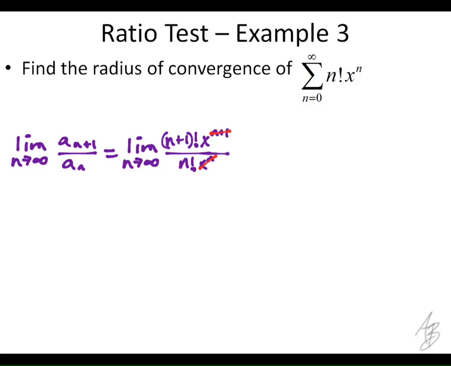The x to the n is going to cancel with n x's in the top, and the n factorial and the n plus 1 factorial are going to cancel out, and we're just going to be left with n plus 1. So just to make things a little clearer, I'm going to take the limit as n approaches infinity of n plus 1 times x.